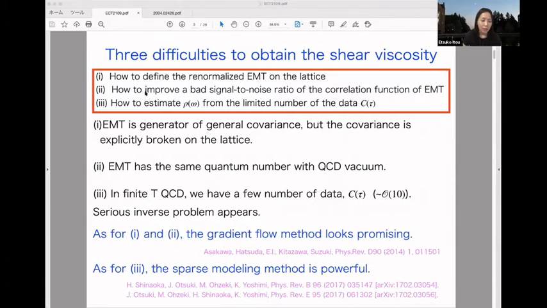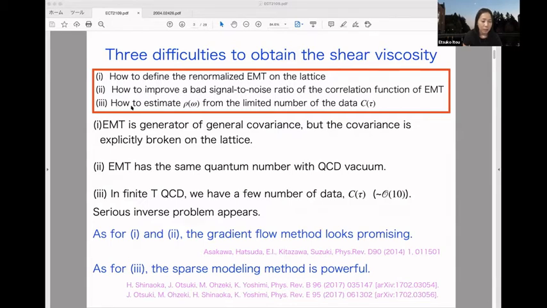The second one is how to improve the signal to noise ratio of the correlation function of the energy momentum tensor. Actually, the energy momentum tensor has the same quantum number as the QCD vacuum, so the signal is quite noisy. So we need a huge amount of configurations.